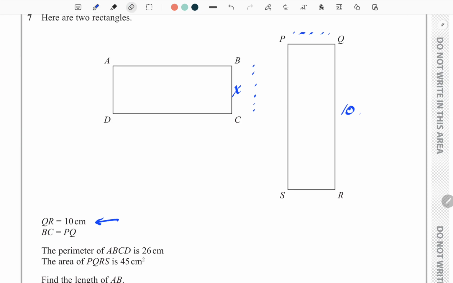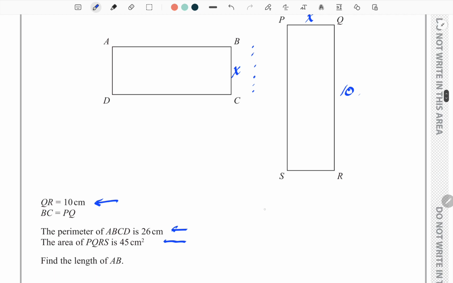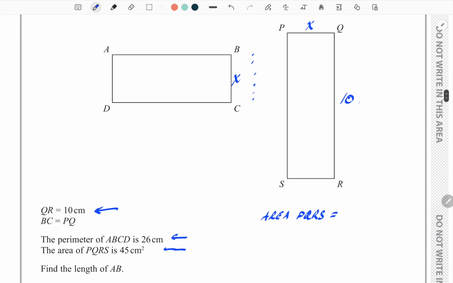All right, let me rub that out. Okay, X. All right, and what it then says, the perimeter of ABCD is 26. You'll see that there. And the area of the other one, okay, is 45. We can straight away use that information, okay, because we know that the area of PQRS must be the length times the width, all right?